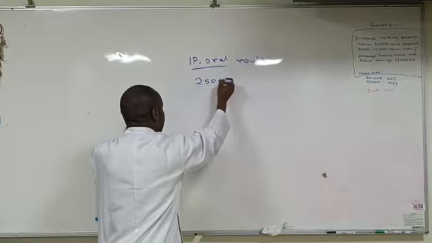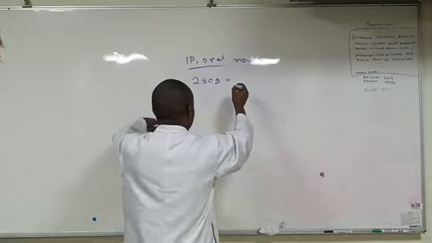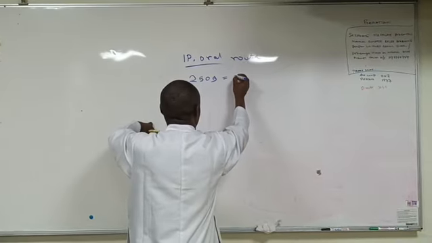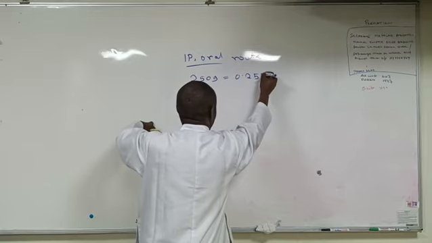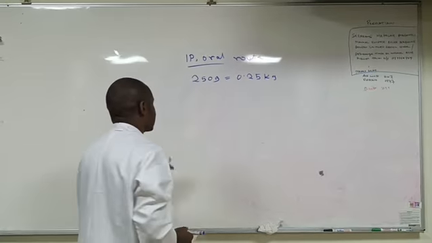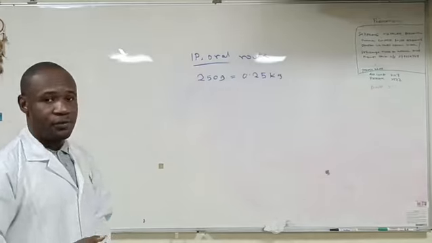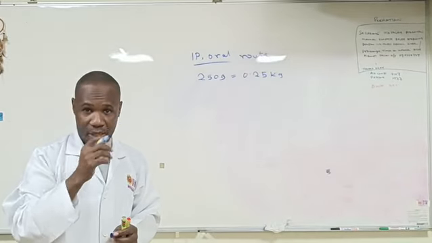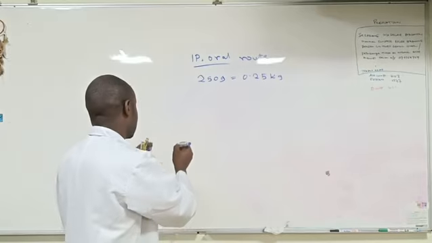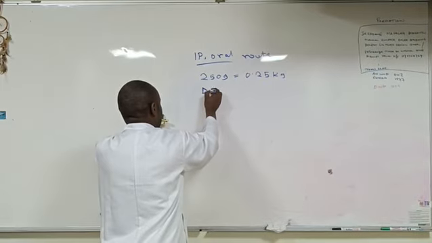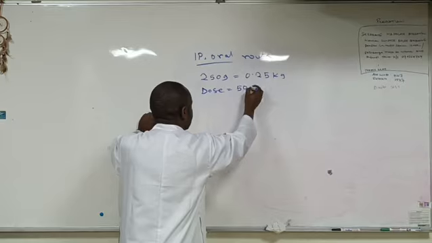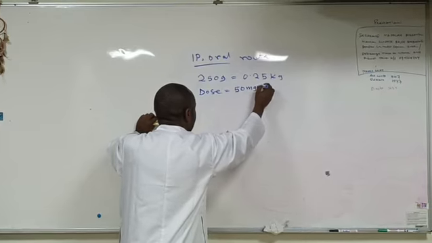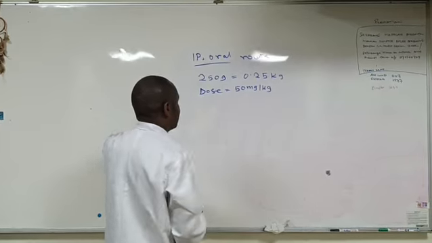250 gram, which is equivalent to 0.25 kg. So assuming you have a particular dose that you want to administer, let's say you are aiming at administering 50 milligram per kg of a particular drug.